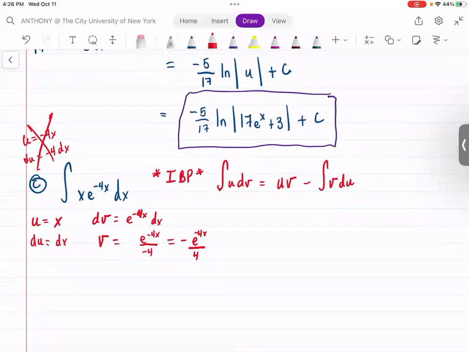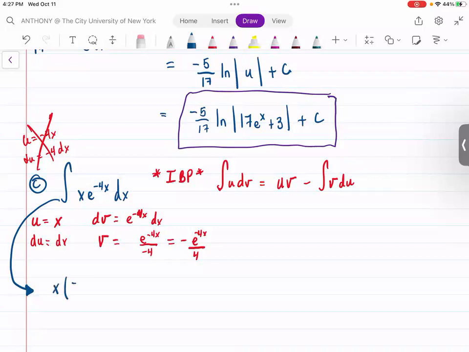By integration by parts, you take u times v, which is x times negative e raised to the power of negative 4x, all divided by 4, minus the integral of v times du. So we'll have negative e raised to the power of negative 4x divided by 4 dx.